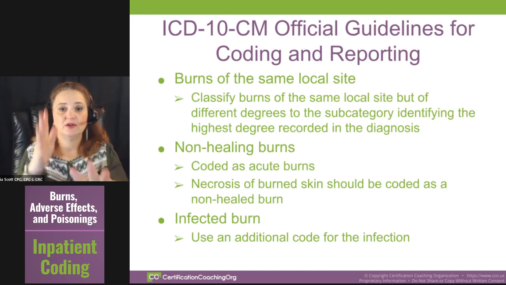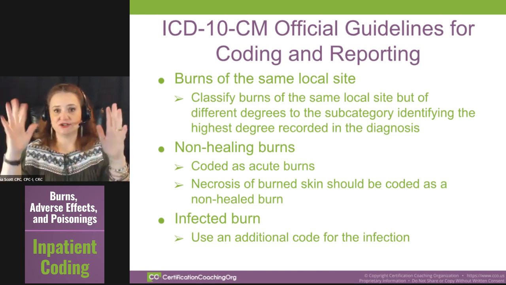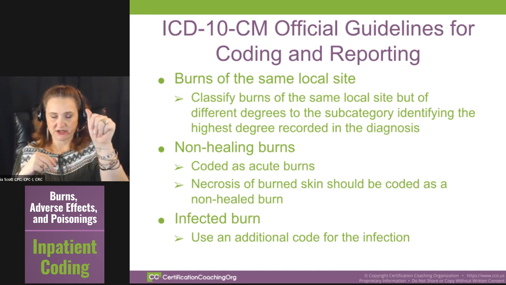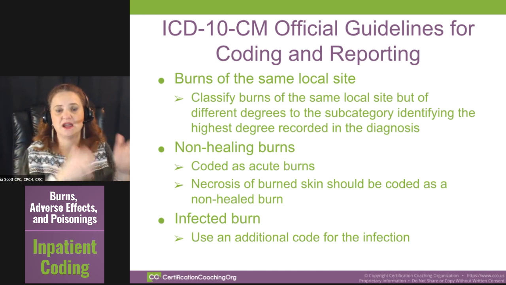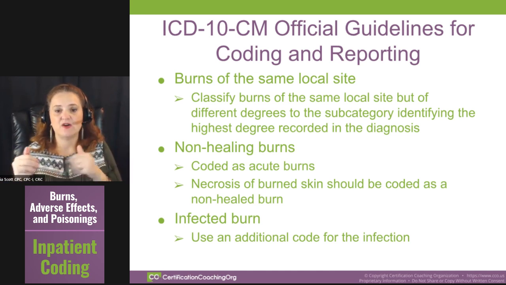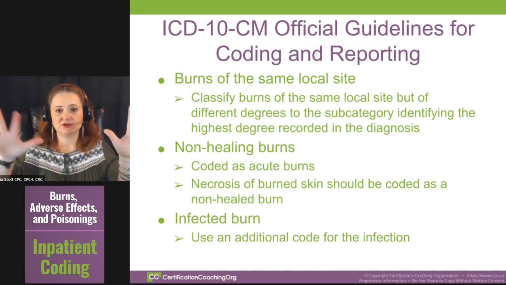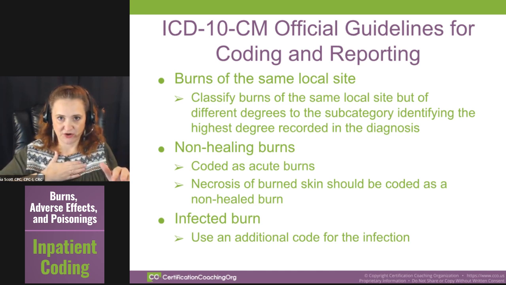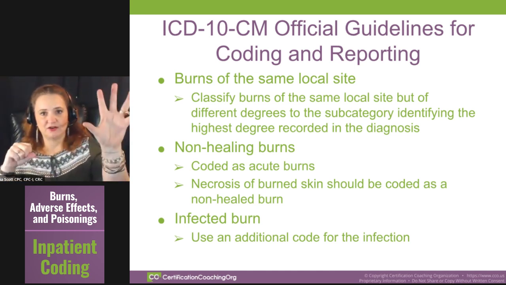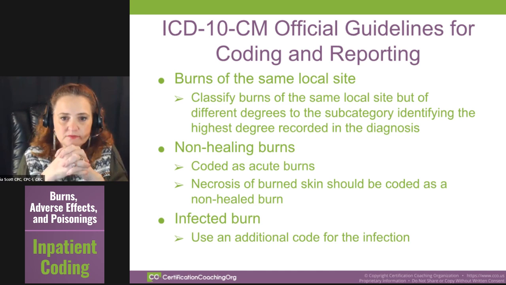If I have second degree and first degree, then this is the highest specificity. We're going to list them both, but the sequencing is always the highest degree of burns. Now, if I have first degree, second degree, and then on the thoracic area, I have third degree, then it's listed first, second, and third.